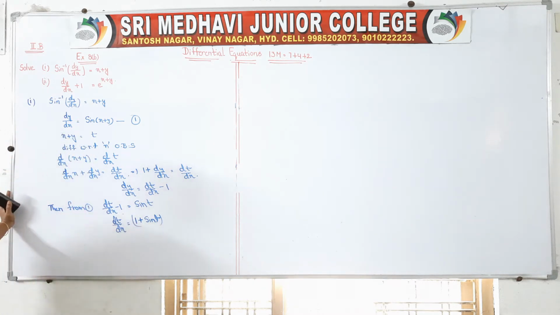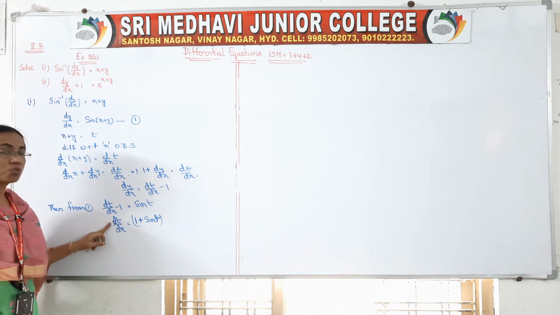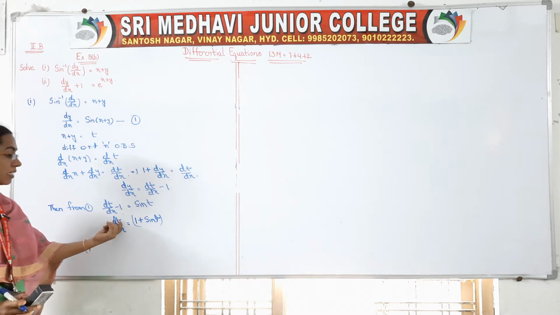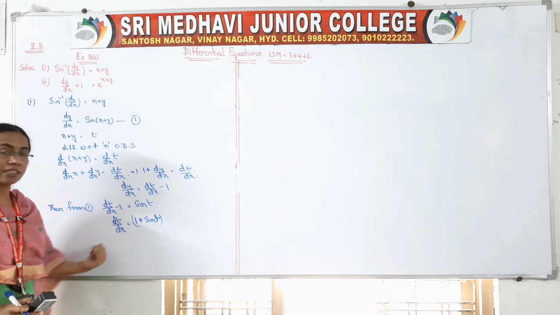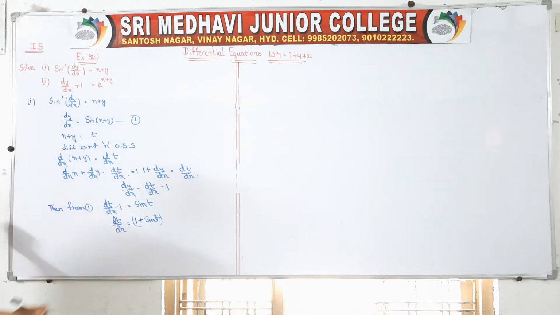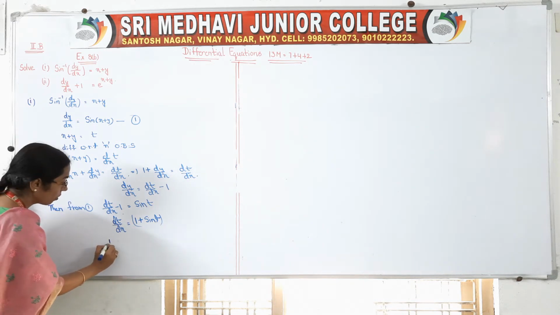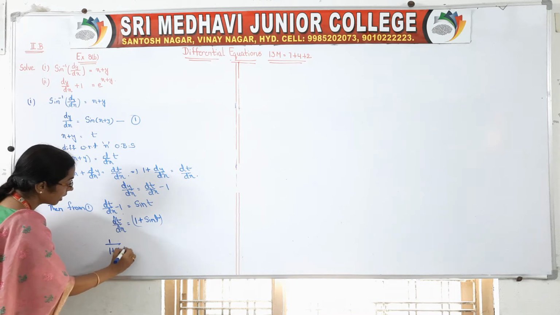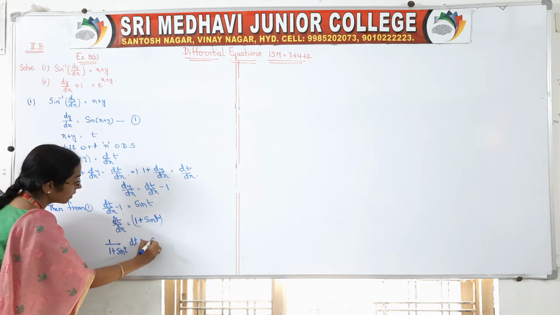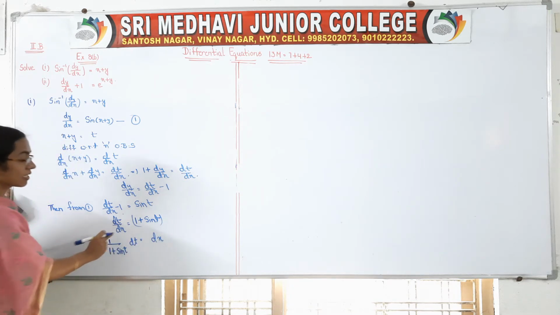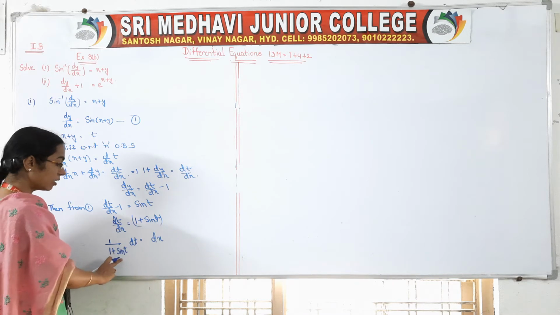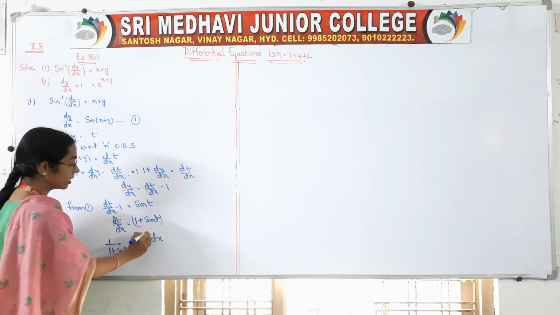These are the t terms, so the t terms should come along with dt. So send this term to the other side. What happens? It is 1 by 1 plus sine t into dt is equal to dx. Dx is downwards, so if you send that side, it comes up. So t terms into dt and x terms into dx.